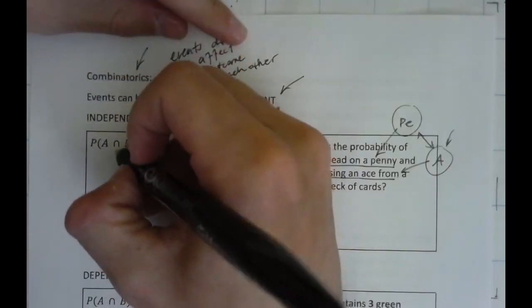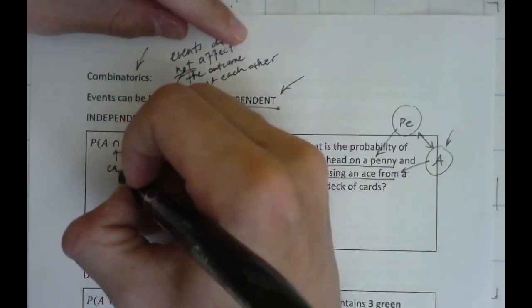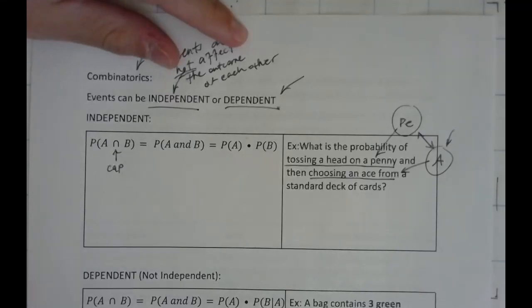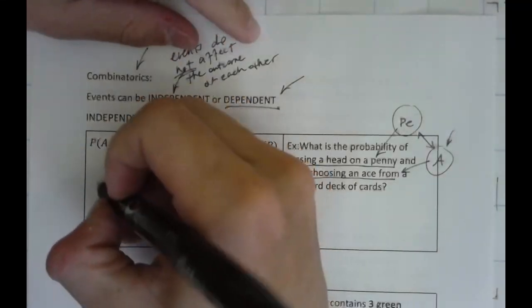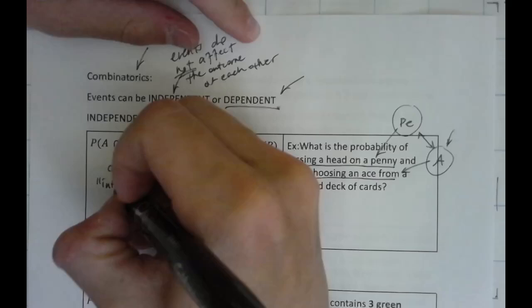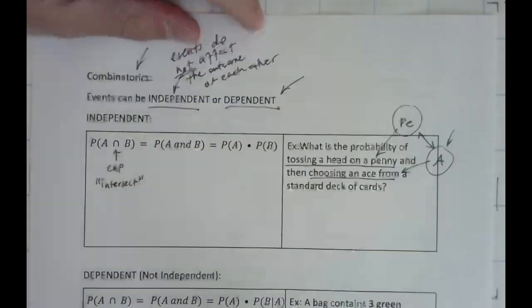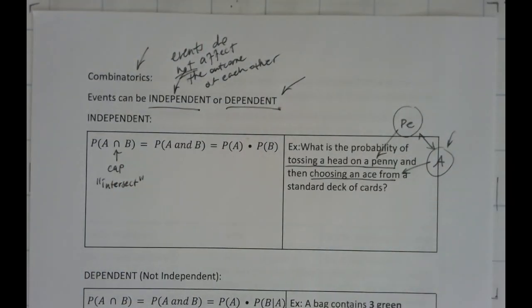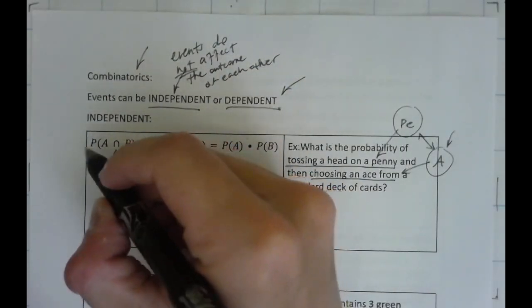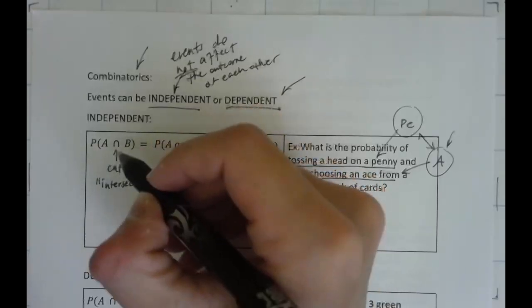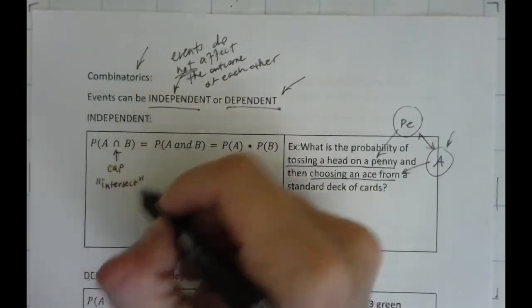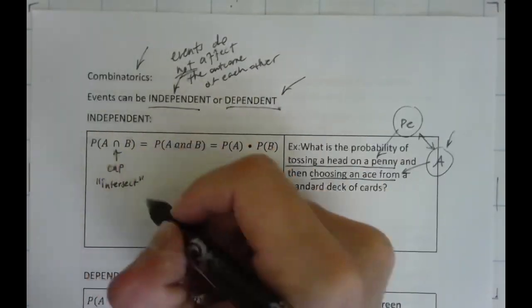This notation here is called a cap in mathematics, and you pronounce it intersect. So here what you're saying is P, the probability of A intersect B. These are the possibilities that A and B share in common.